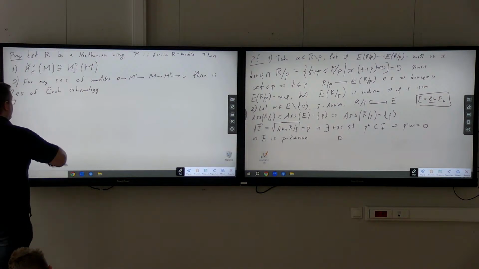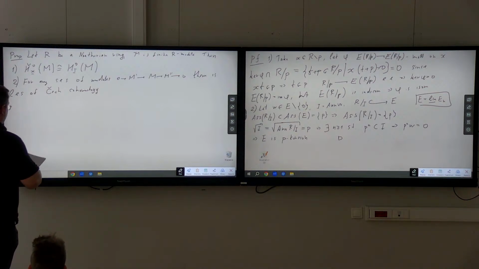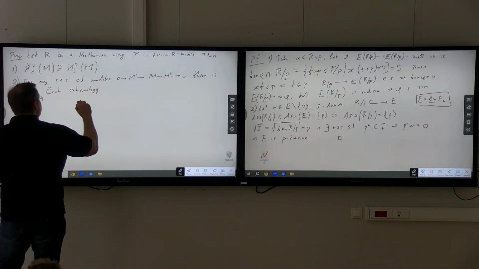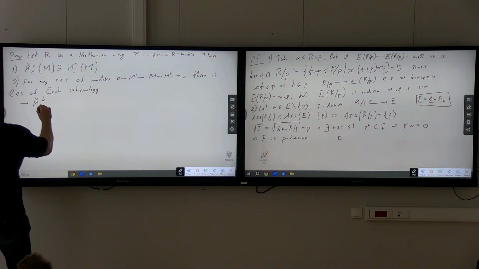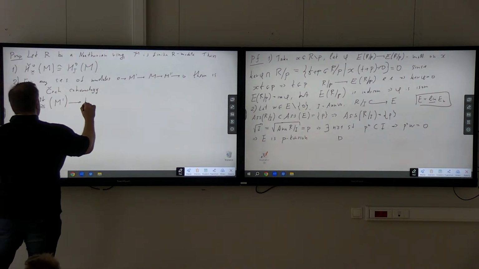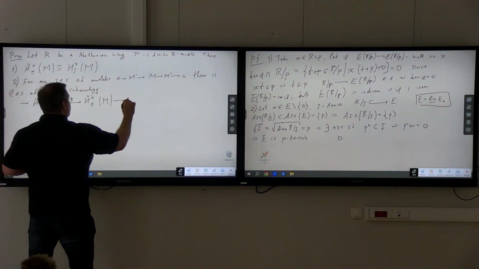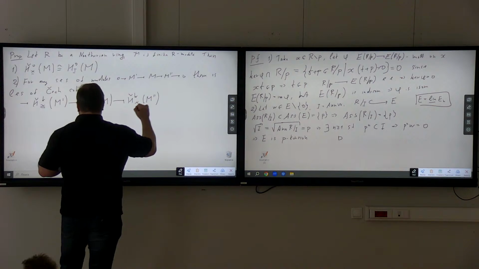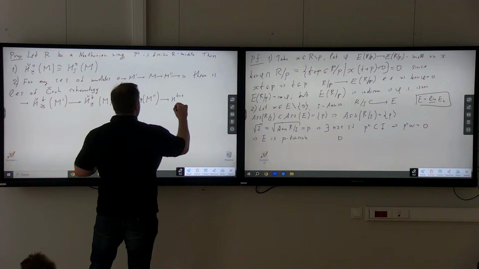Well, Čech homology are not derived functors, so it doesn't follow immediately, but it's not very hard to show. So let me just write the long exact sequence. So Čech homology index k for this sequence x of M prime, Čech homology k of x of M, Čech homology of x of M double prime, and then the same thing but with k minus 1.